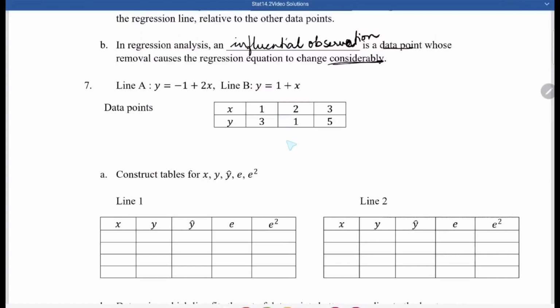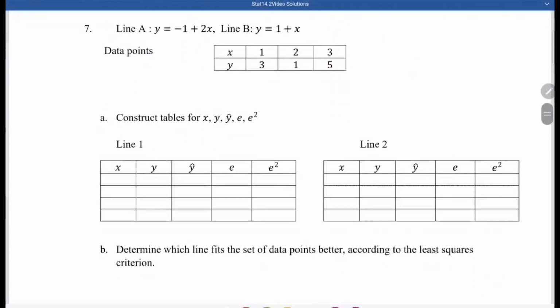And remember the steps. The way we go about finding the equations is first create a scatter plot using your actual data, and then draw some lines through those scatter plots, and then we will decide which one would be the line of best fit.